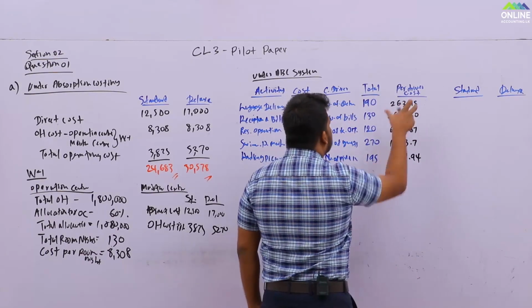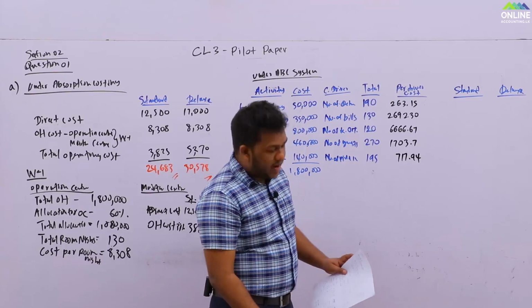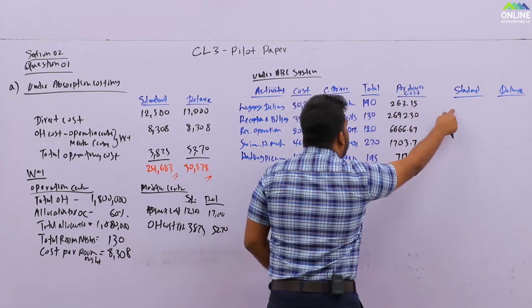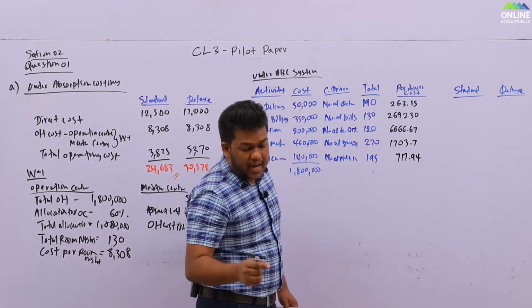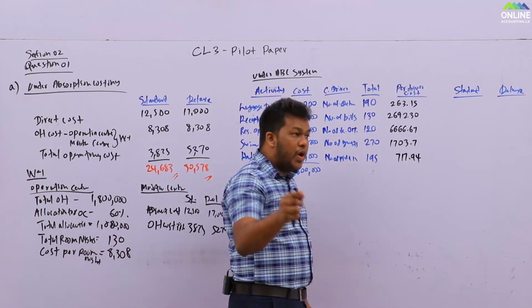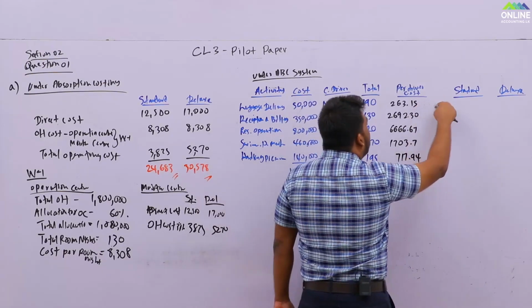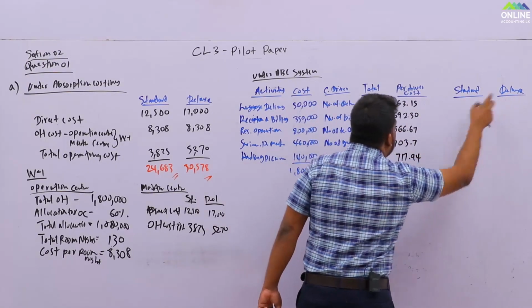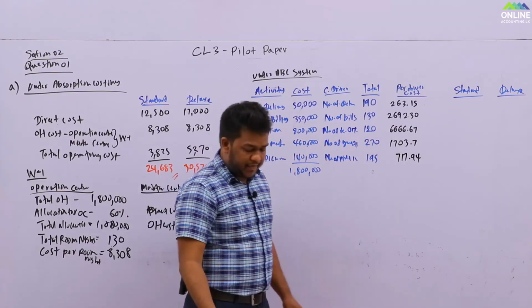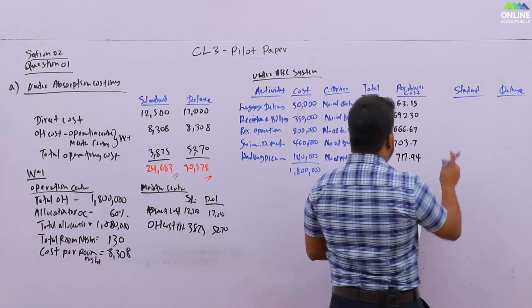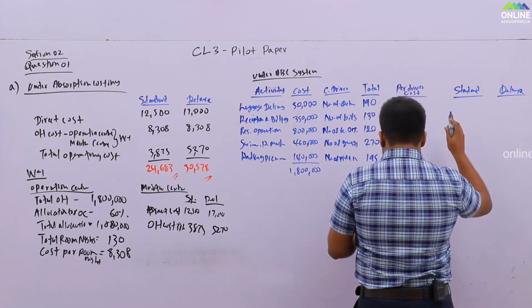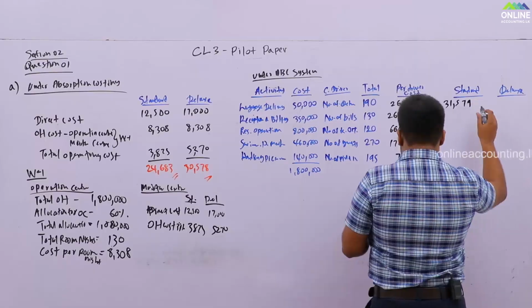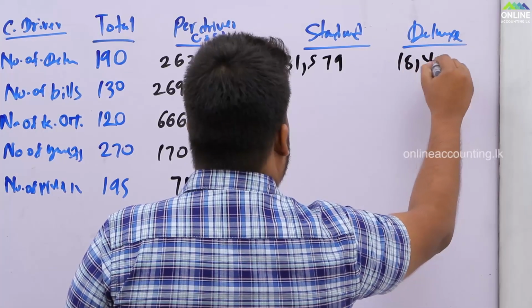So how to get for the standard? This is a one cost driver cost. By standard, number of deliveries are 120, so this into 120 you will be getting for standard, and this into 70 you will be getting for deluxe. So this into 120 is 31,579, and here 18,421.